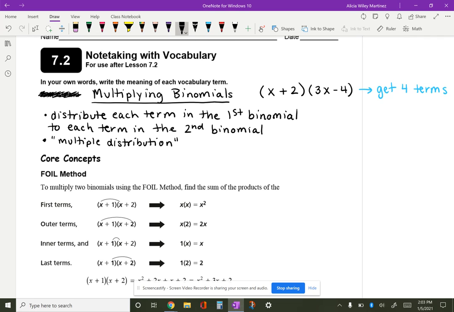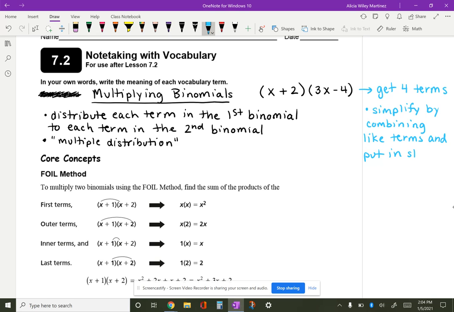We are always going to make sure that these 4 terms that we get, we simplify by combining like terms. And obviously, we always want to present our answer in standard form.